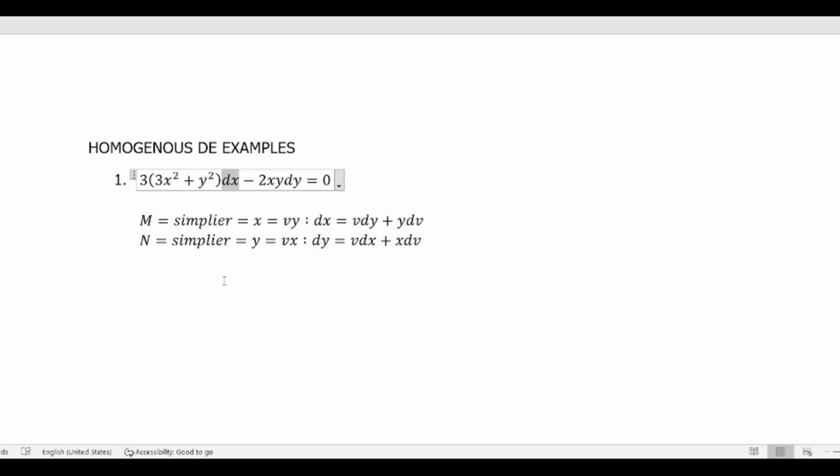Once again, the first term, this one. We can transpose this one, then this one is also included. That is our m, beside the x. And n is the otherwise, when it is in the second term and beside dy.